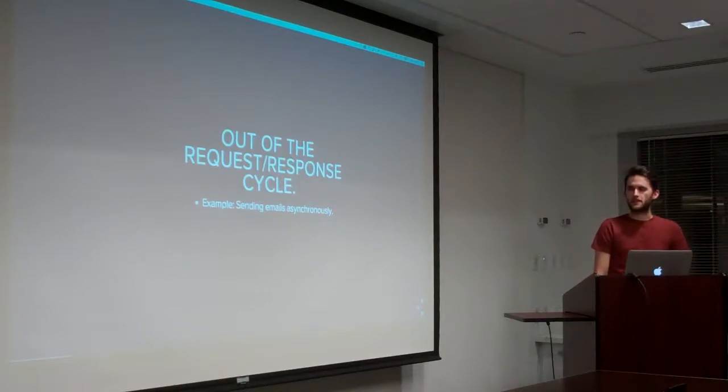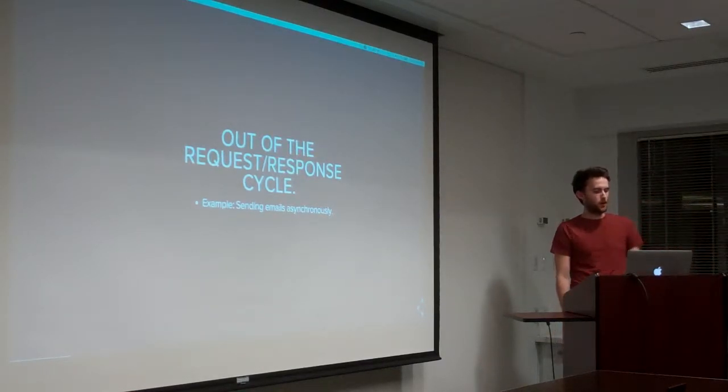So what's an example of this? One of the common use cases is when you're building websites. With a website, the idea is you want to get a request and shoot back a response as soon as possible. Say a new user signs up for your website, and after they sign up, you want to send them a welcome email.